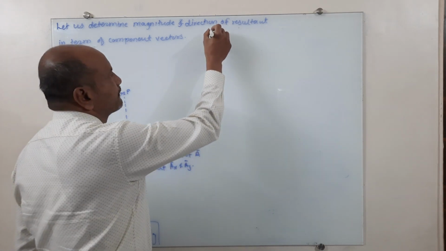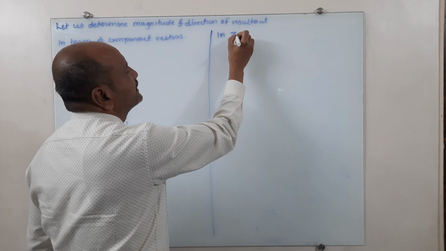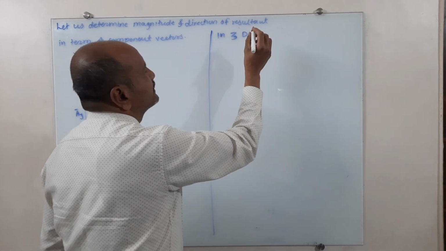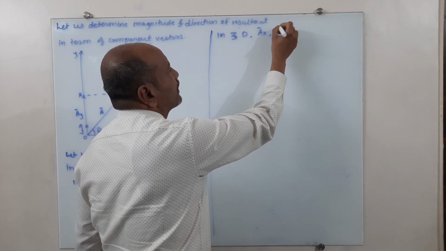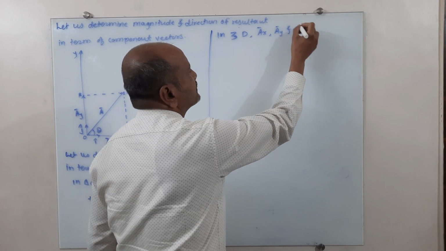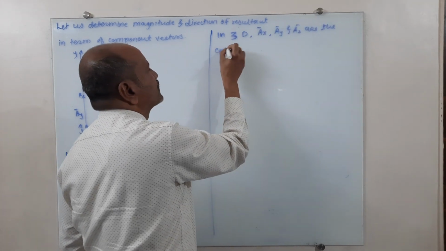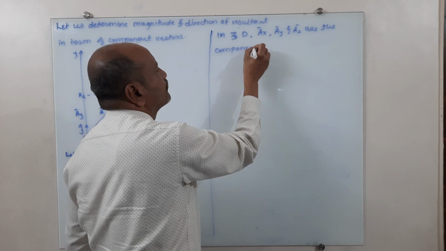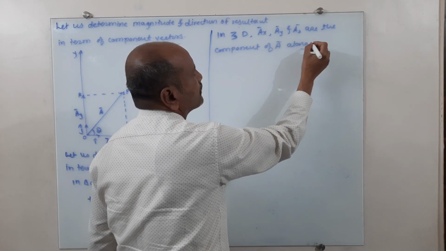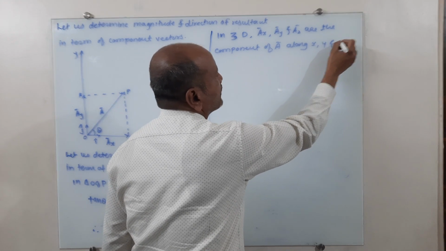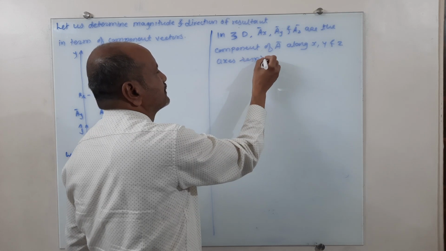In 3D, AX bar, AY bar, and AZ bar are the components of A bar along the X, Y, and Z axes respectively.